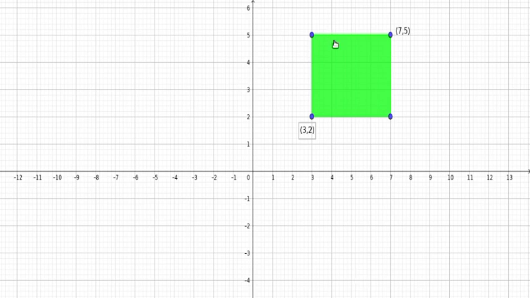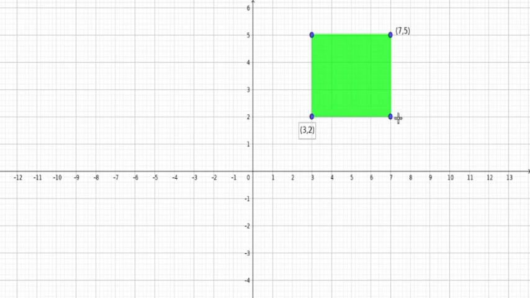So this is our rectangle, and two coordinates are given. We need to find out the other two coordinates. See, this point is (3, 2). This side of the rectangle is parallel to the x-axis, right?